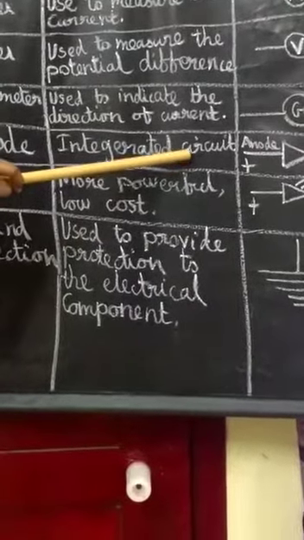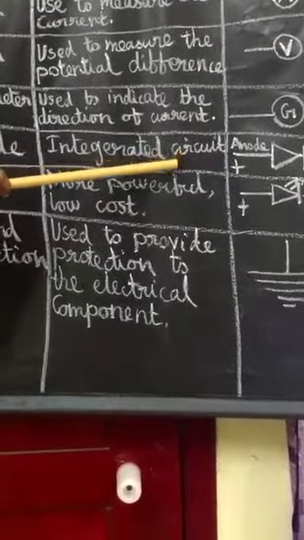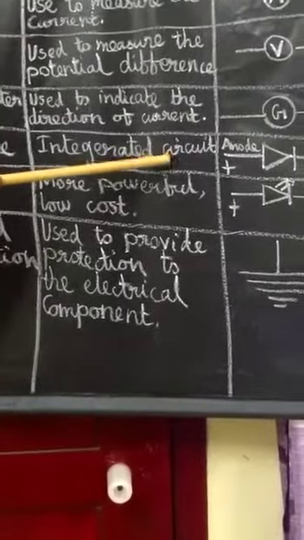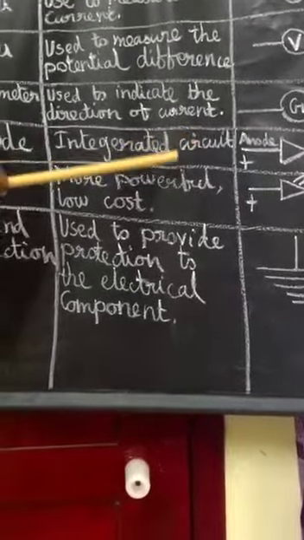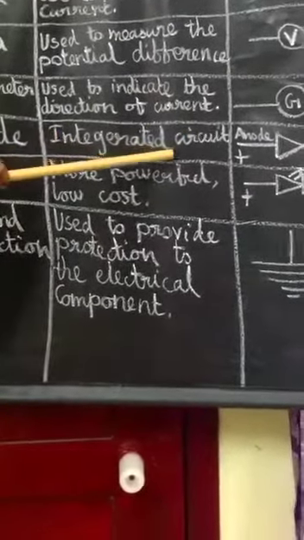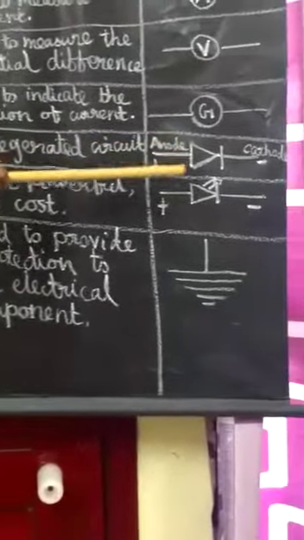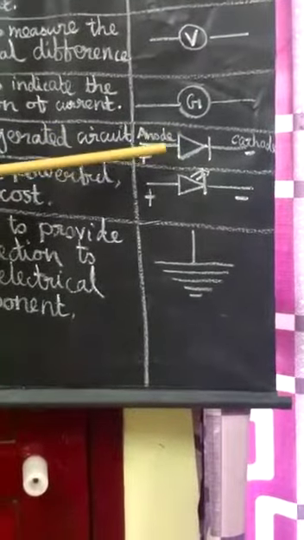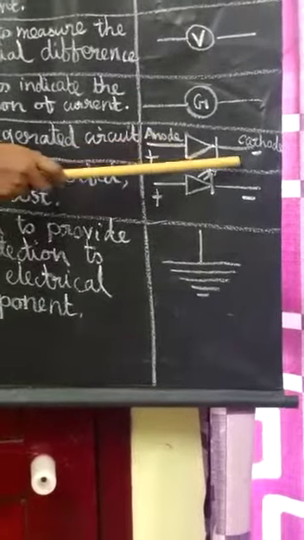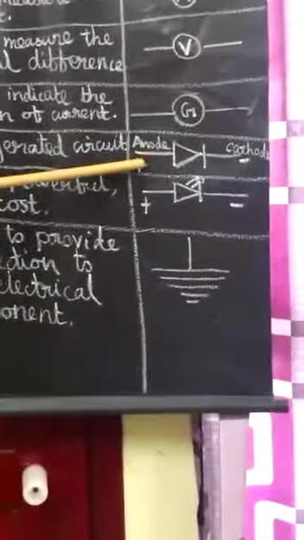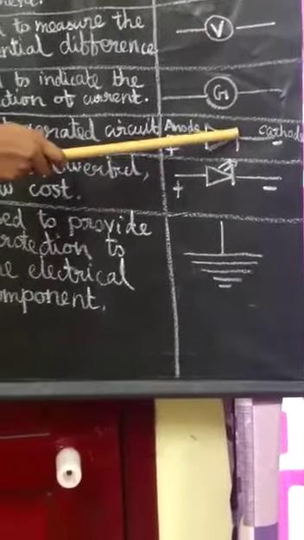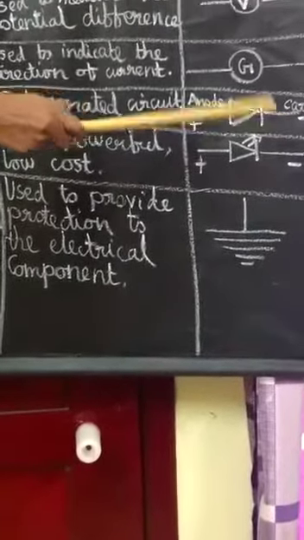Each IC chip, or integrated circuit, is made for a particular purpose, with programming inside it. This is the symbol of the integrated circuit. For the diode symbol, plus is the anode and minus is the cathode. The arrow mark represents the anode, the positive side, and the line represents the cathode, the negative side.